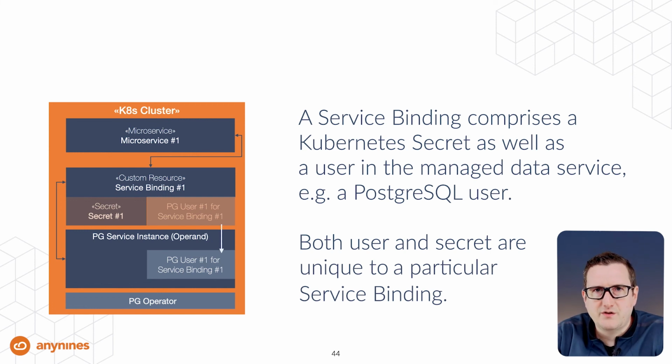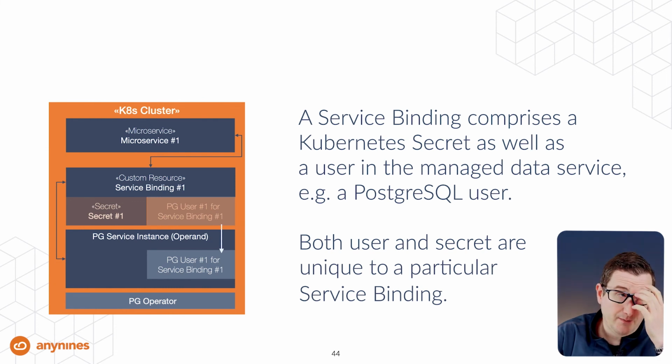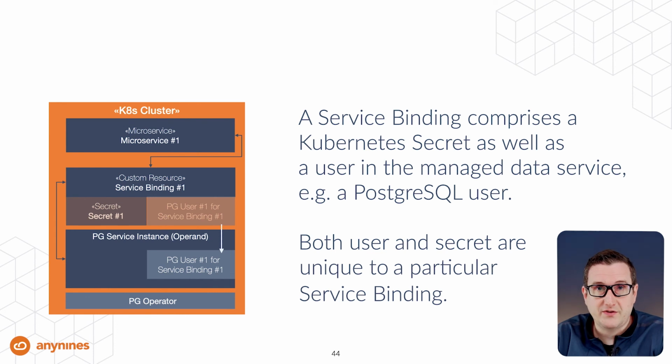And while you can store them in a Kubernetes secret and reference the Kubernetes secret in your application deployment specification, you also need to create a corresponding database user and ensure that these access credentials actually do something, and that there's authentication for an existing user in the data service instance. And that's a procedure that has some technical complexity.